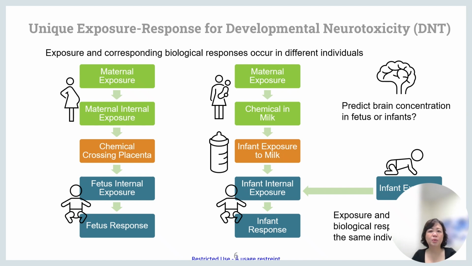Similarly, to predict chemical concentration in the nursing infant's brain, a lactational model is likely required. This model would predict the chemical entering the mother, being distributed to tissues, metabolized and excreted, entering into breast milk and then being transferred to the infant through lactation.